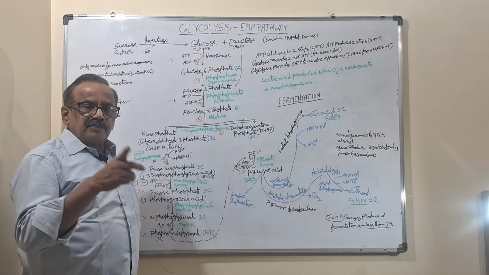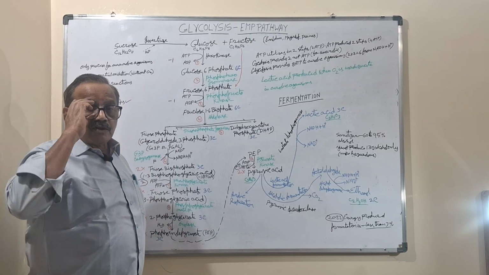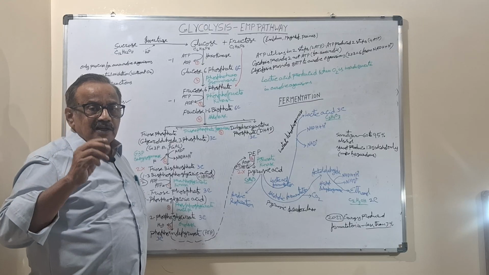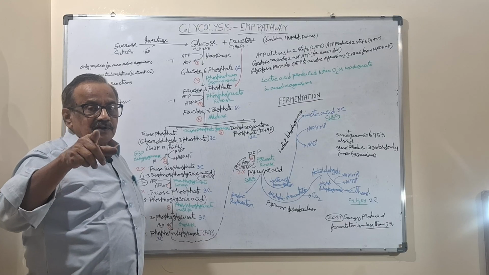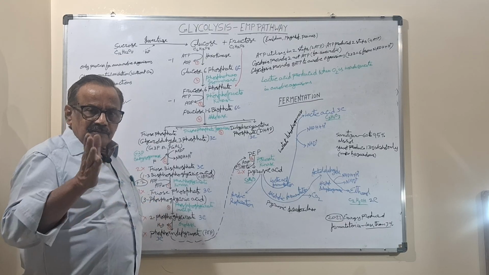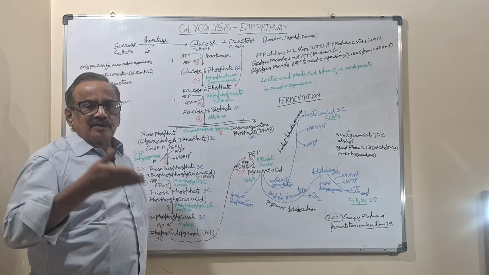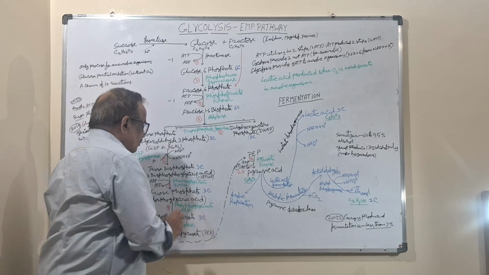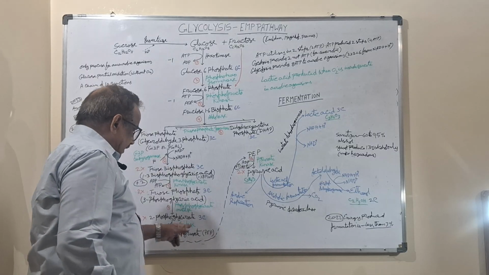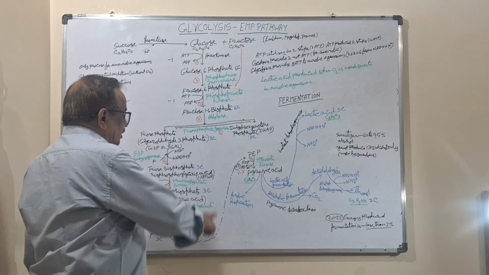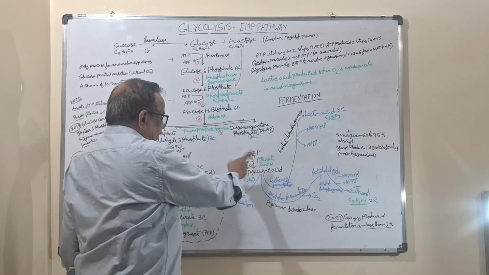Remember, the PEP name came in the C4 plants. The first carbon fixing compound is the same phosphoenol pyruvate. Why I am telling this: you will remember it here and there also, easy to remember. Now the phosphoenol pyruvate will lose one phosphate.